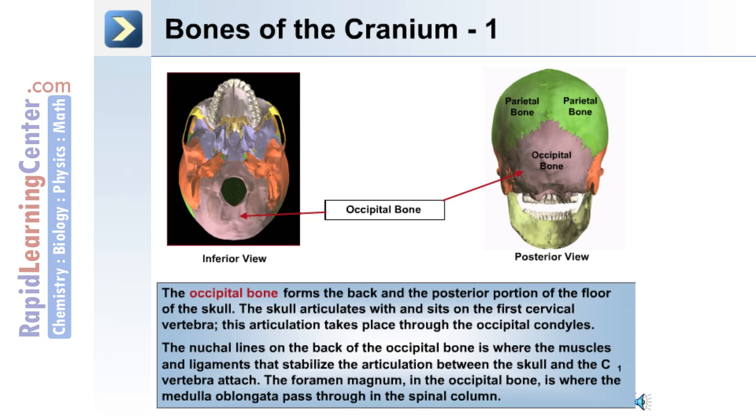The nuchal lines on the back of the occipital bone are where the muscles and ligaments that stabilize the articulation between the skull and the first cervical vertebra, C1, attach. The foramen magnum in the occipital bone is the passageway for the medulla oblongata.